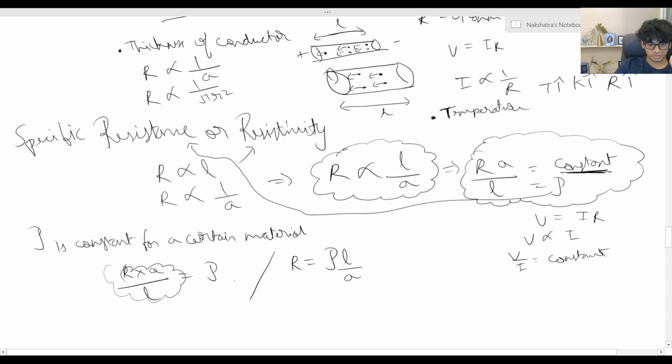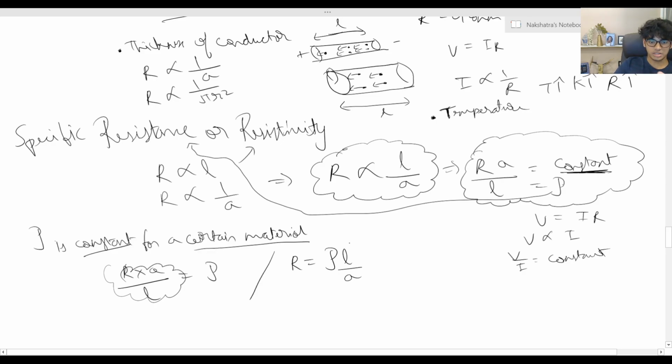But I tried the same value with an iron conductor, and it wasn't working. So then we discovered that rho is constant only for a certain material.